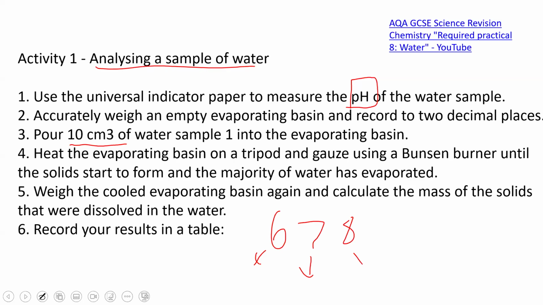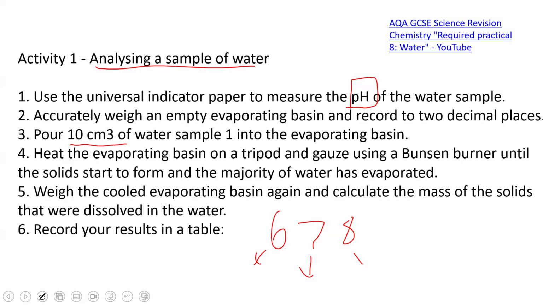Okay, if they ask you to improve, then you get a pH probe. And the pH probe you'll put in and you'll get a digital reading. If you get a digital reading, then you have an increased resolution. Resolution meaning it's more accurate, because then you can get a decimal place.